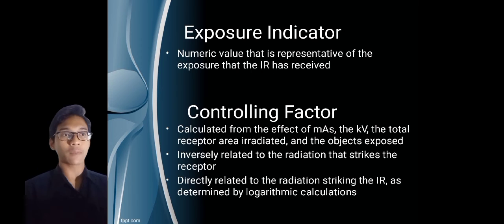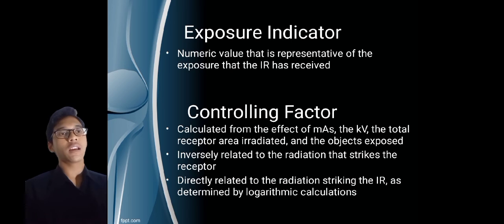object exposed. Depending on the manufacturer and the technique used to calculate this value, the exposure indicator is displayed for each exposure. An exposure indicator as used by certain manufacturers is inversely related to the radiation that strikes the receptor.